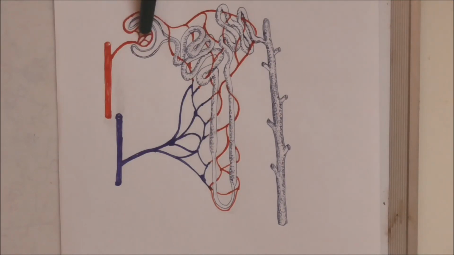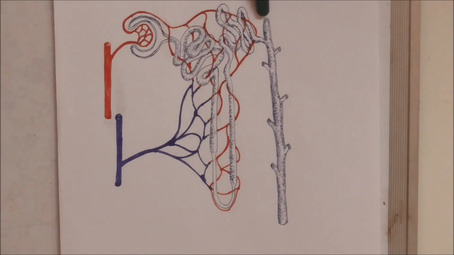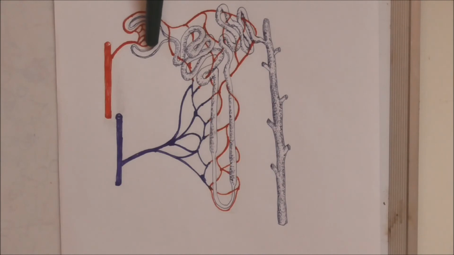So this is the glomerulus that joins into another vessel, another arteriole, that is called an efferent or outgoing arteriole, which then runs down towards the neck and starts dividing once again into capillaries. Now, one thing we must understand, the incoming vessel is an arterial vessel because it contains oxygenated blood.